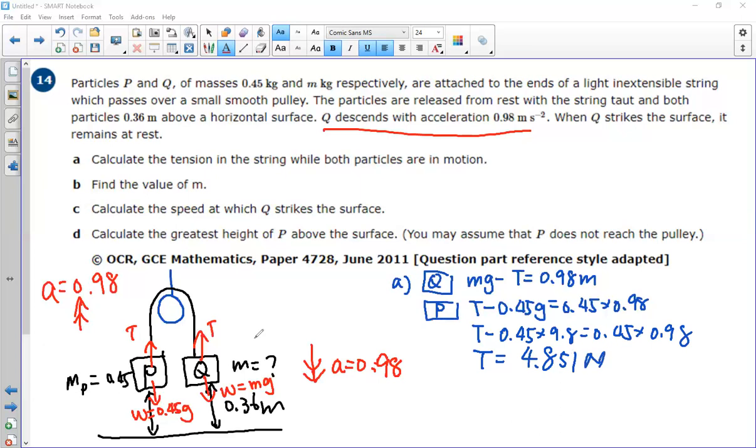Okay, now when we work out the tension, I can put it into the first equation to work out the mass for Q. So that is part B actually. So we've got mg, so g is 9.8, so m times 9.8 minus tension 4.851, that equals 0.98m.